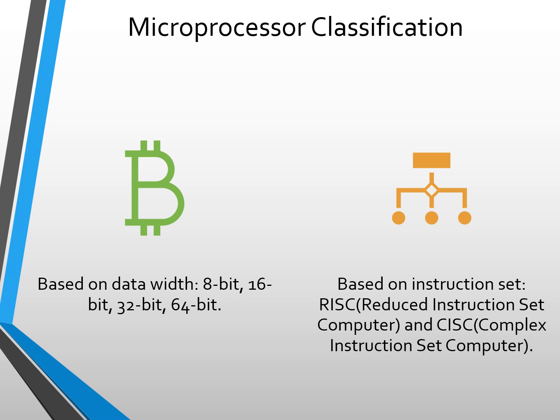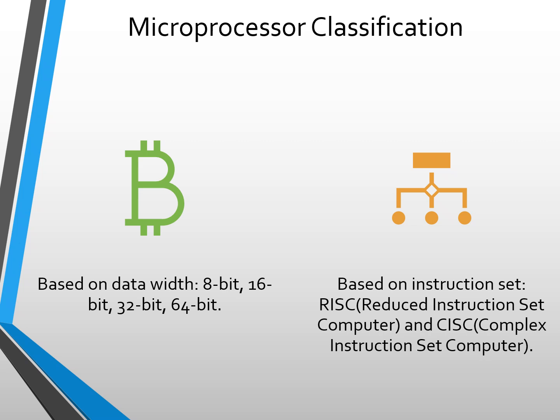So the microprocessors can be of different types based on the data width, right? The data width could be 8-bit, 16-bit, 32-bit, and 64-bit.